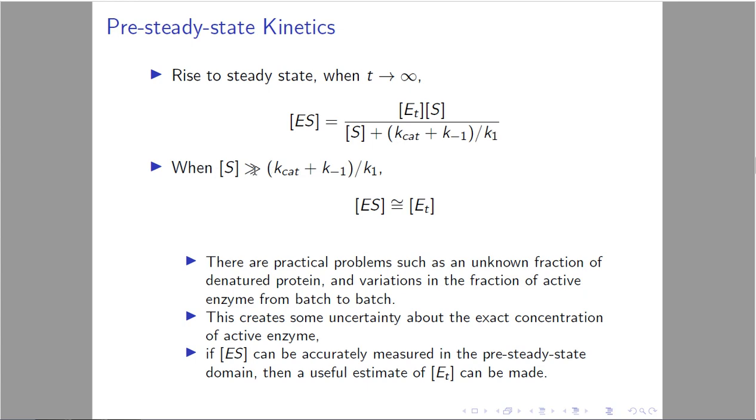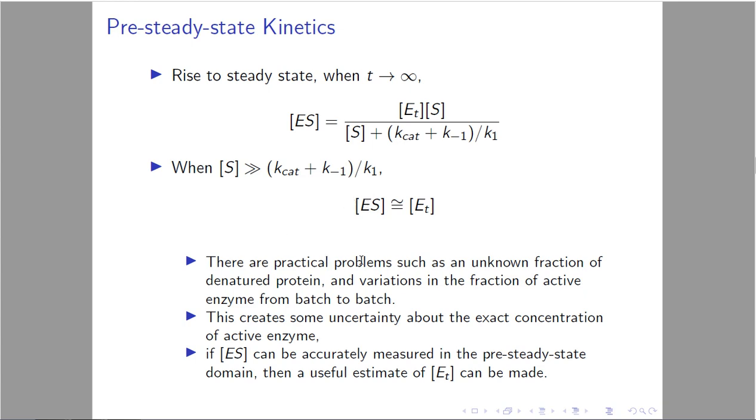And when S is greater than this Michaelis factor, (k_cat plus k_minus1) over k1, we can ignore it, so the complex concentration is equal to E_total, meaning all the enzyme forms a complex with the substrate.